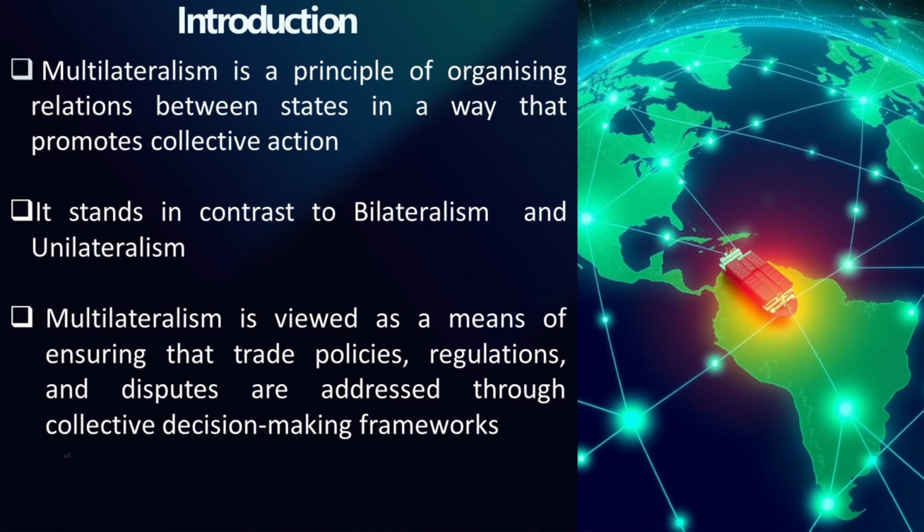So in the context of international trade, how can we define multilateralism? Multilateralism in the context of international trade is viewed as a means of ensuring that trade policies, regulation and disputes are addressed through a collective decision-making framework, which ultimately leads to fairness, stability, predictability in global economics.